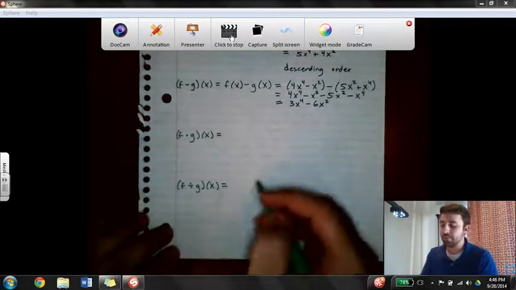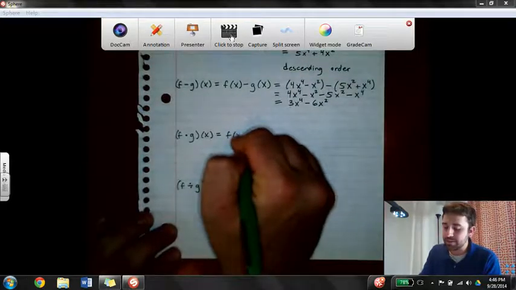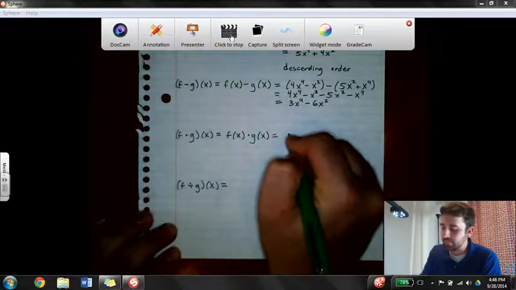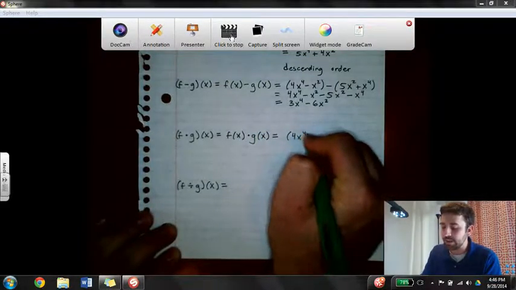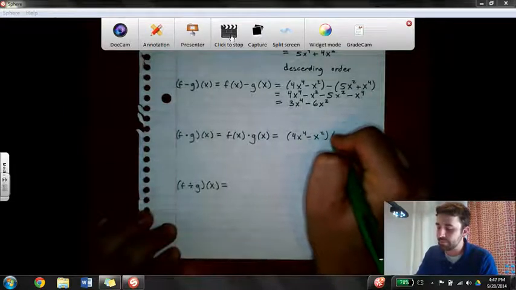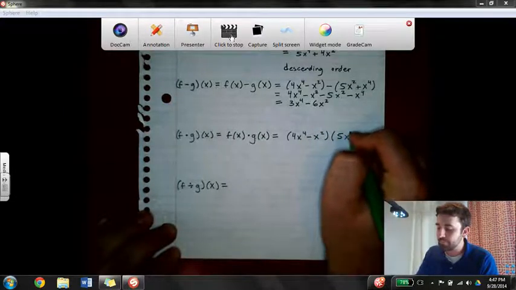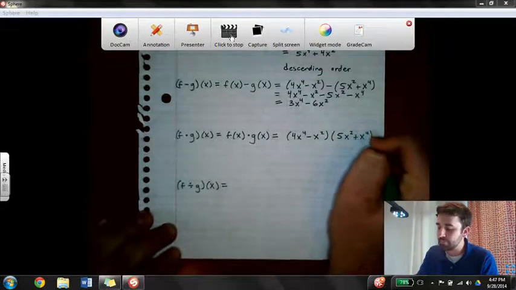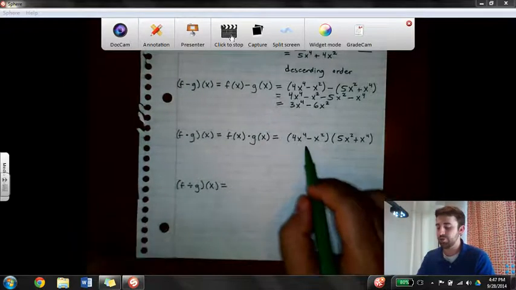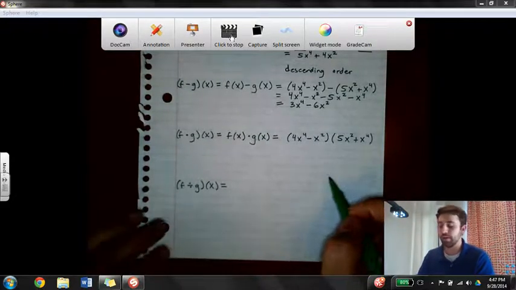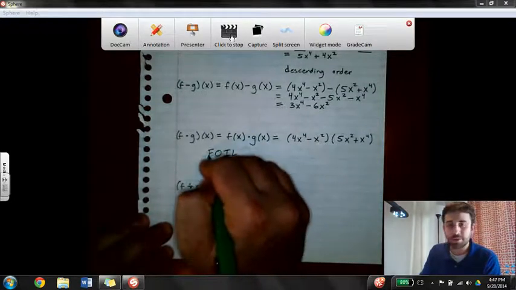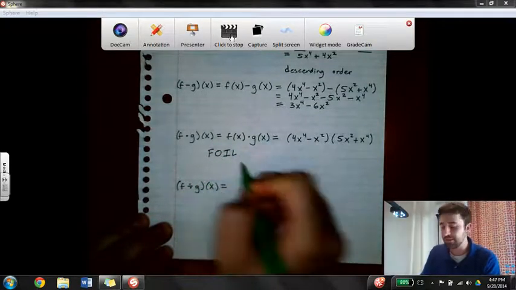Now when I'm multiplying, it is the same as saying f of x times g of x. Once again, I'm rewriting the equivalent expressions for the functions f and g. Now notice here, I have two sets of parentheses and I'm multiplying. I'm going to FOIL. First, outer, inner, last.